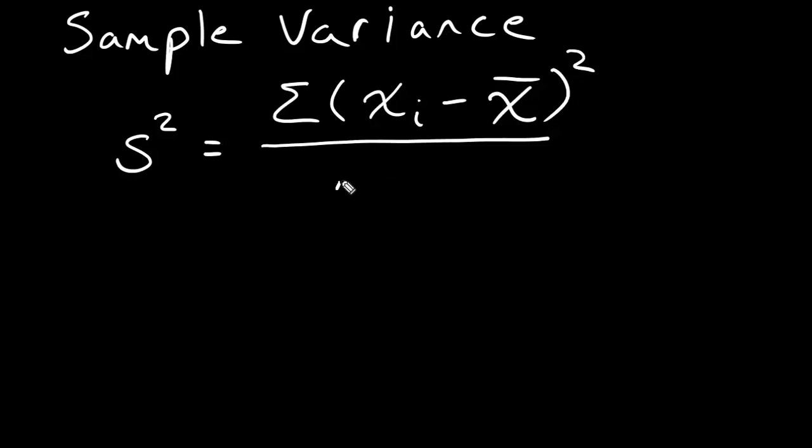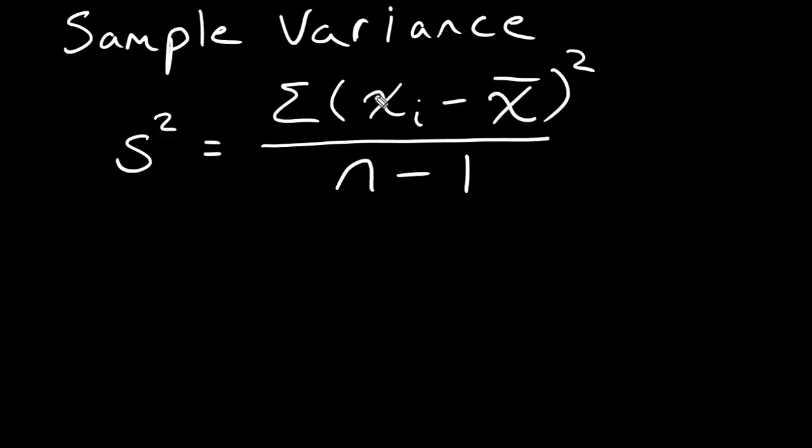There are some differences in notation. Instead of mu, we've got x bar here, so in our numerator, the sum of (xi minus x bar) squared.